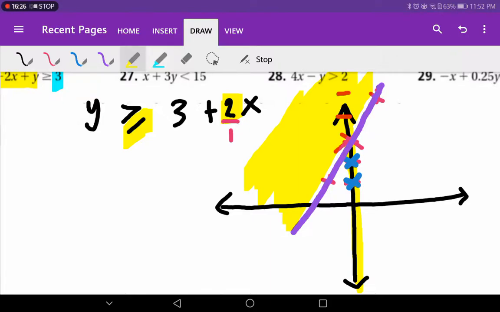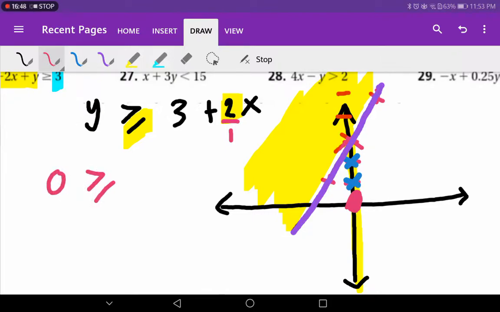Okay, now let us check by using 0, 0. The 0, 0 is here. If the 0, 0 is the solution, our solution is incorrect. It is wrong. But if the 0, 0 is not the solution, our solution is correct. So put 0 here.